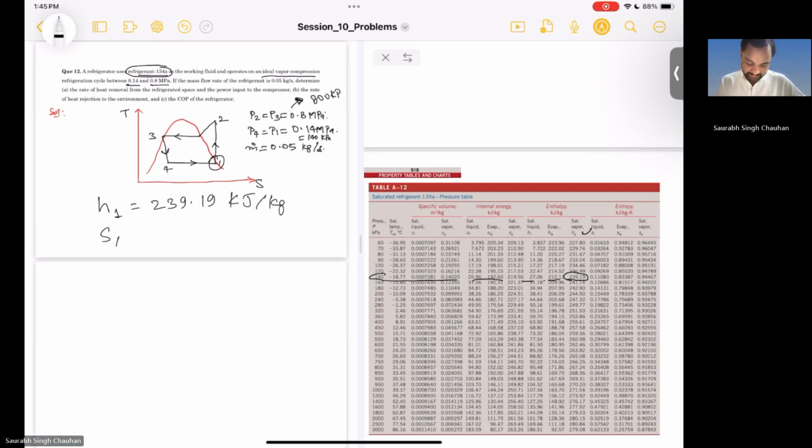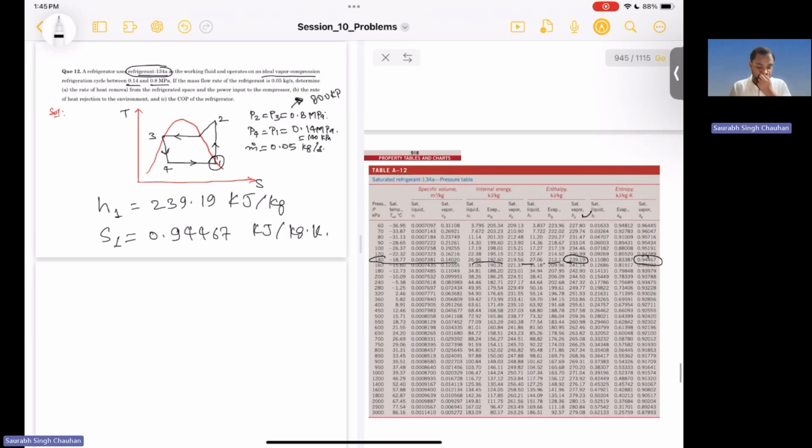And entropy at this point is 0.9447 kilojoule per kg Kelvin. Okay, so we have the values at point 1.